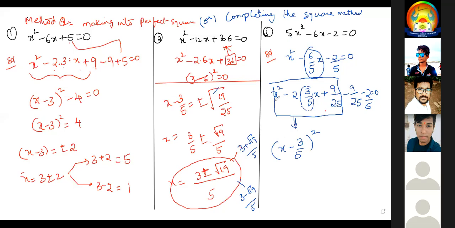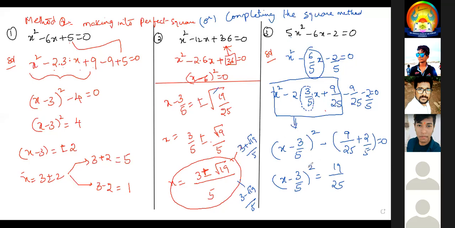Because x square minus 2ab plus b square, minus, among these two take minus common: 9 by 25 plus 2 by 5 equal to 0. That is x minus 3 by 5 whole square is equal to, you know the LCM, 25, 10, 19 by 25.